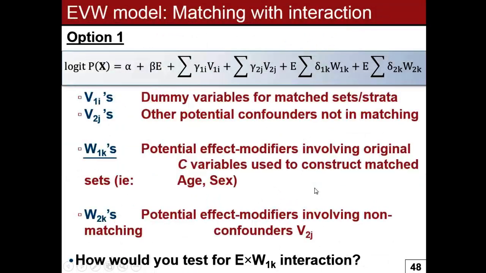You can get a model that looks like this, where we have 2 sets of effect modifiers. One's involving the C variables that are used to match. So we have our traditional effect modifiers down below, and then ones that were part of matched sets. So you could have age and sex and so forth, and other effect modifying terms.